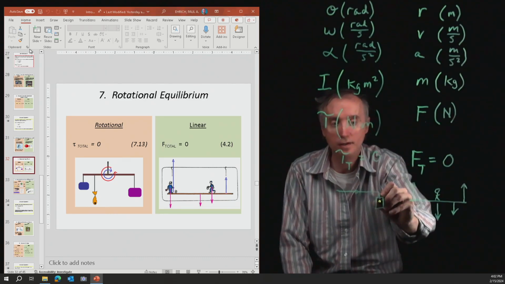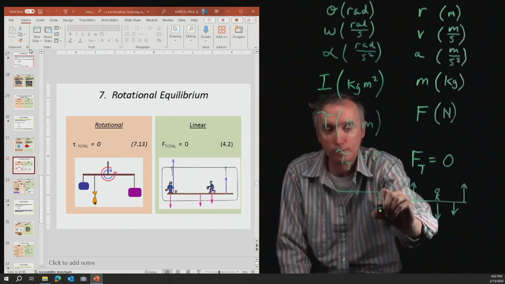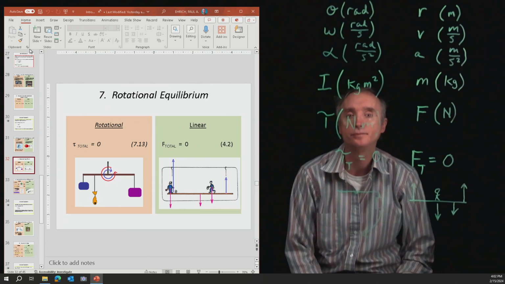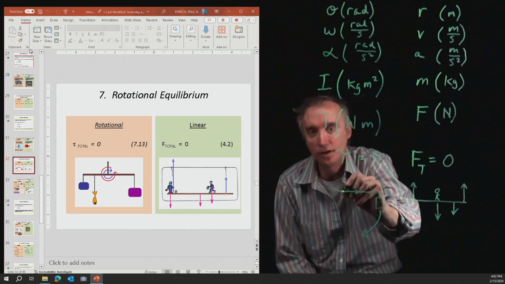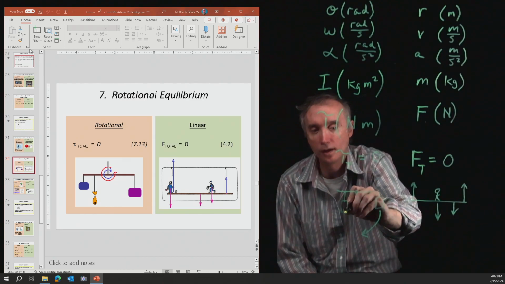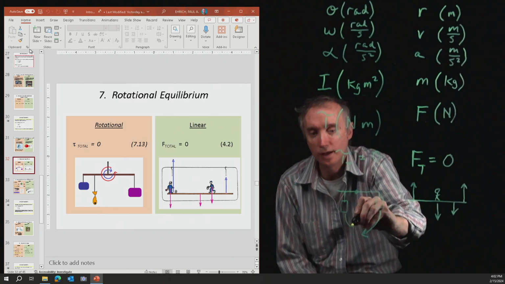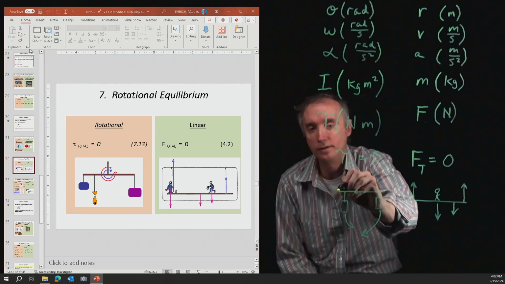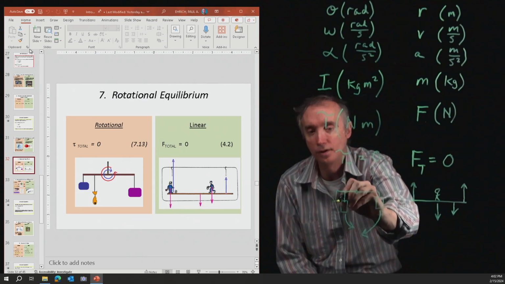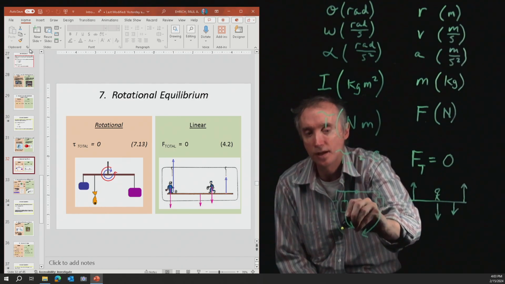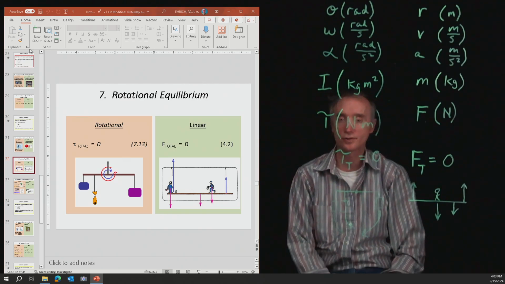Can you see that this weight would make it want to rotate in that direction? And then you've got the fish over here, and it is going to make the whole thing want to rotate in that direction. And then you've got this weight on this side, and can you see that it's going to make it want to rotate in that direction?